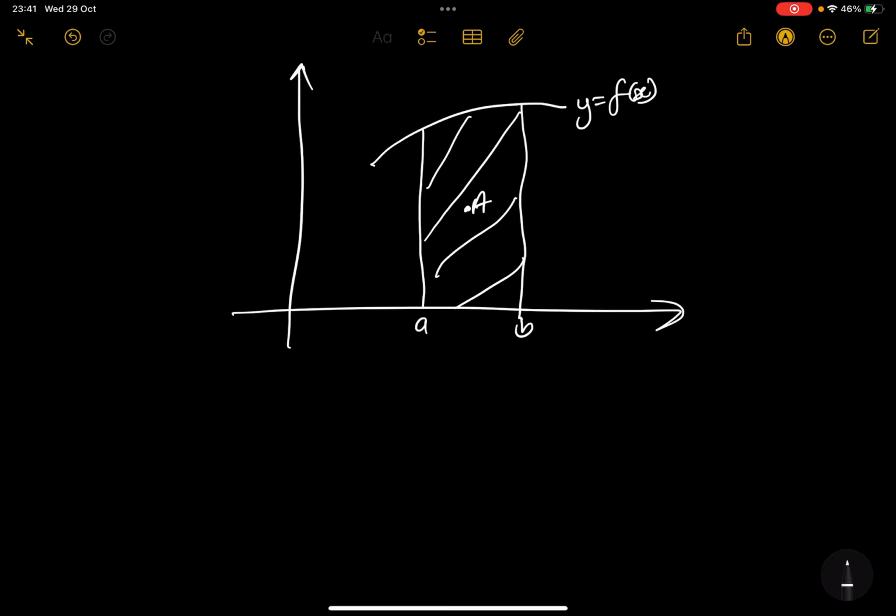So how do you do that? Obviously you need to find the x value and also the y value. So you need to find the x value of the centroid and the y value of the centroid.